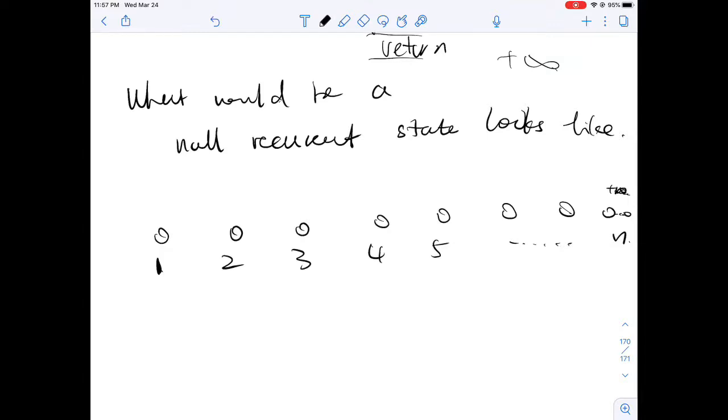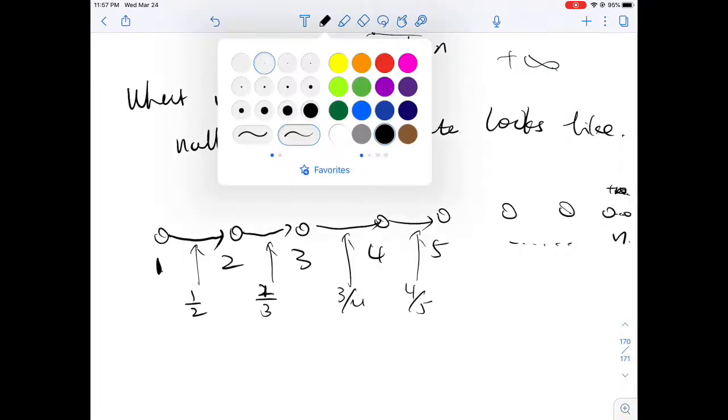So now let's draw the transition matrix. Every time I move from one state to the next, it's with high probability moving to the right. Let's set this one to be 1/2, this one 2/3, this one 3/4, and so on, and 4/5.